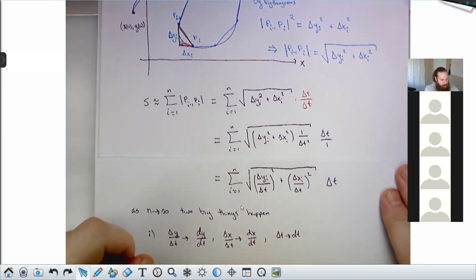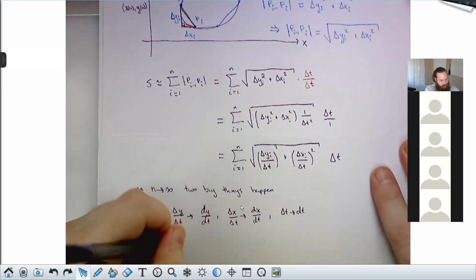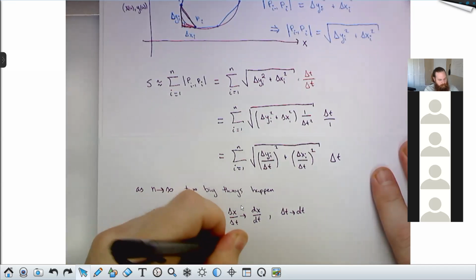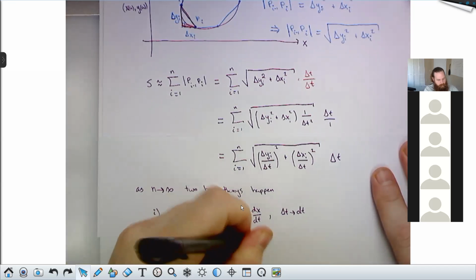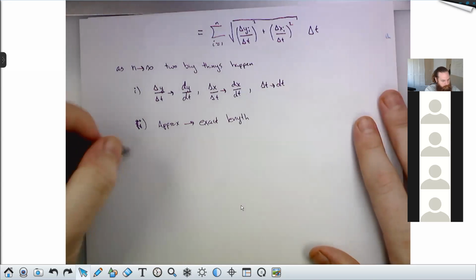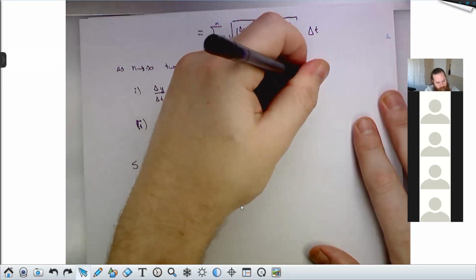The second thing that happens, I just can't get my notation right today. Second thing that happens is that the approximation becomes exact. So we get the exact arc length is equal to, I should say, the capital sigma here becomes an integral, right?